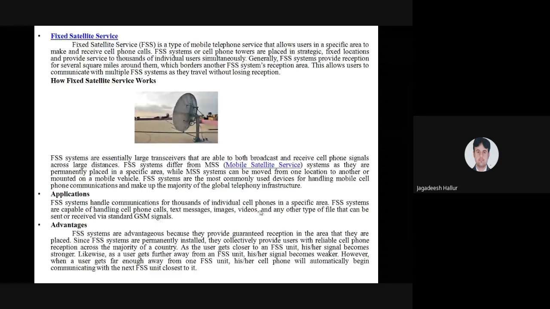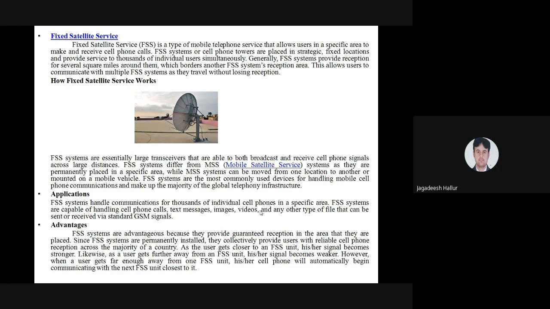Whenever you are present in a particular area, you are allowed to access the network and make and receive cell phone calls, if the network is available. Fixed satellite service systems or cell phone towers are placed in strategic or fixed locations and provide services to thousands of individual users simultaneously.